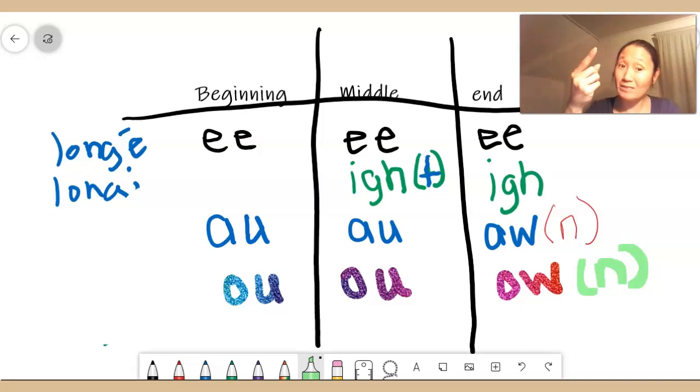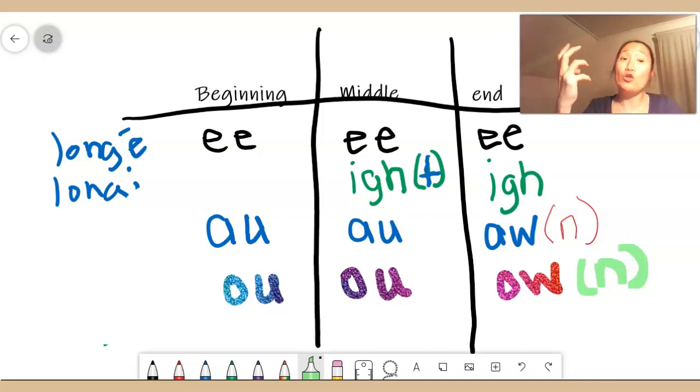It sounds like the ow is in the middle, but it really is going to be spelled O-W. So that one follows the same rule as aw. If you hear ow, O-W-N, like clown, you will see C-L-O-W-N.